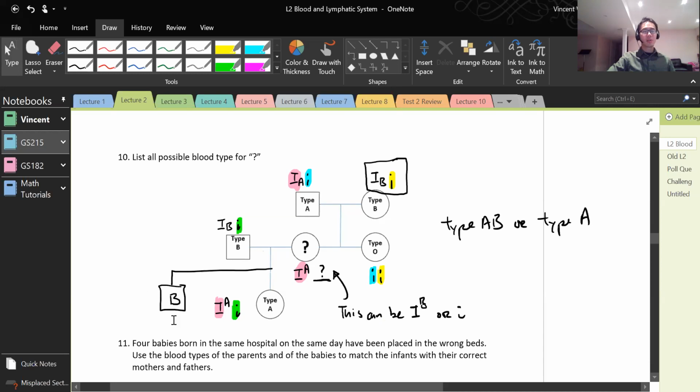Safi says yes. Which one would it be? Do you think it's going to be type AB blood or type A blood for the mother? Think it's going to be i? Okay.